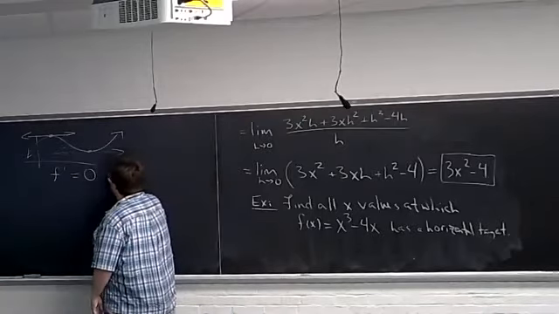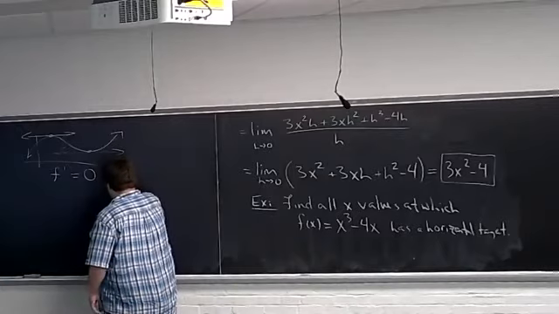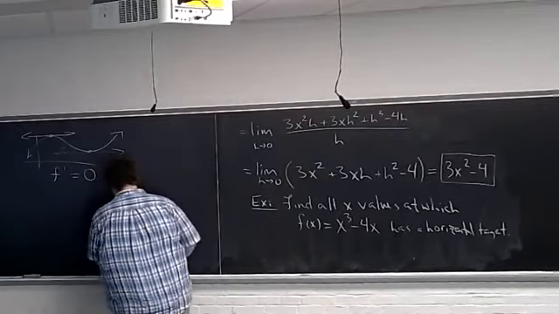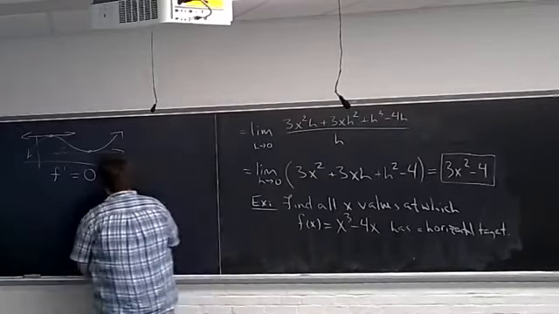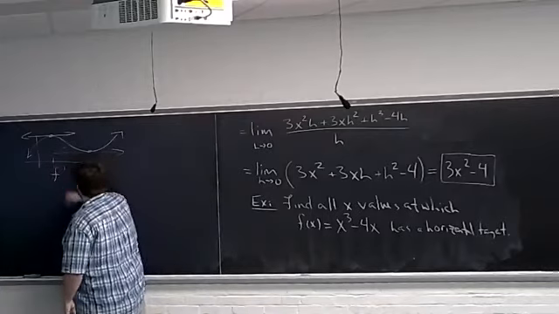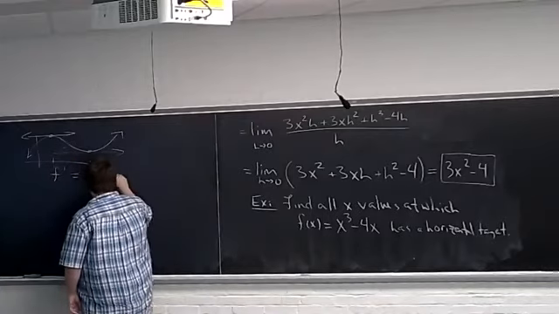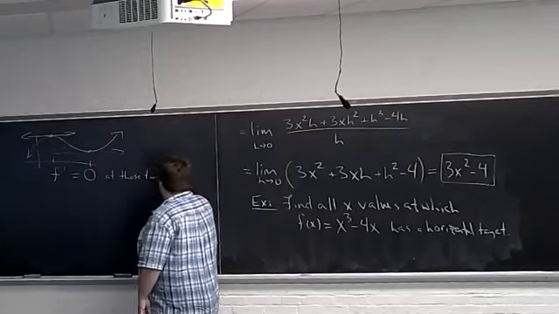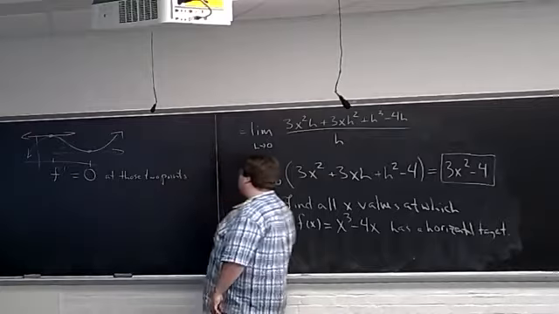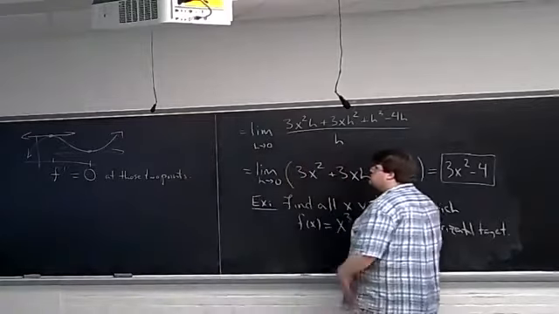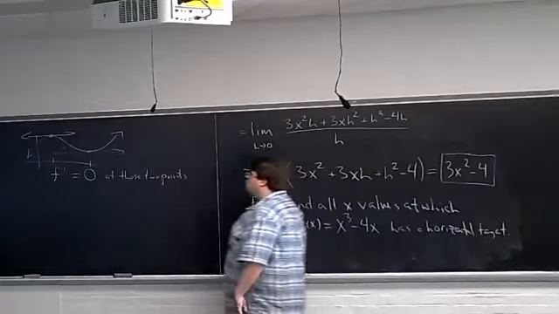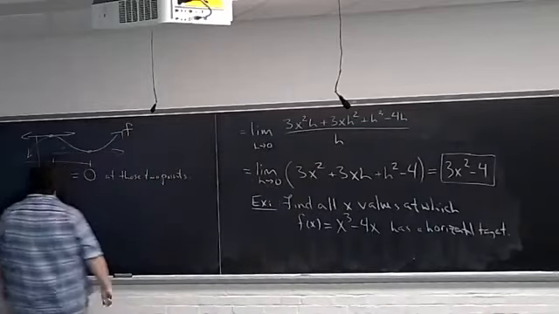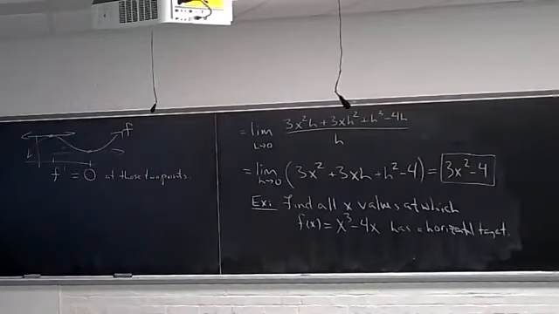So f prime equals 0 here and here at those 2 points. F prime equals 0 at both of those x values. So if we want horizontal tangent lines, we need where f prime equals 0.